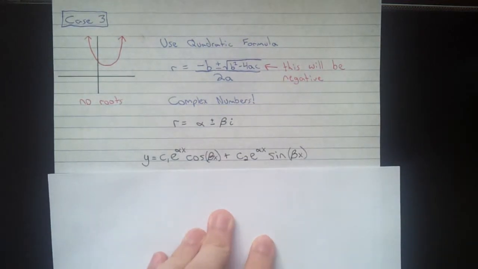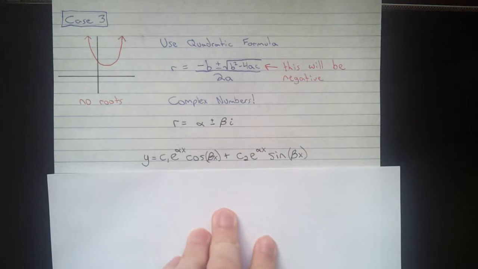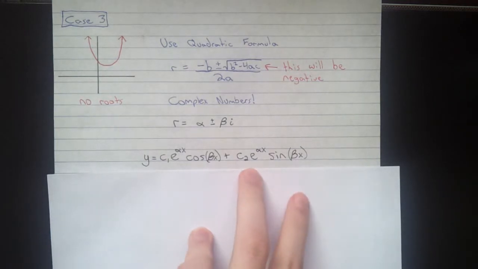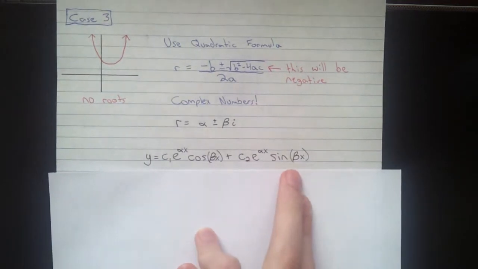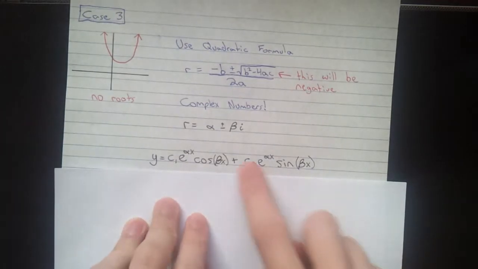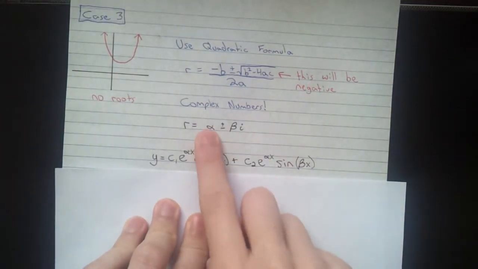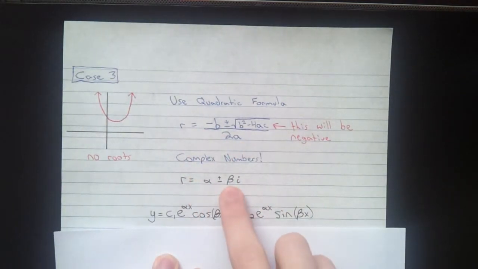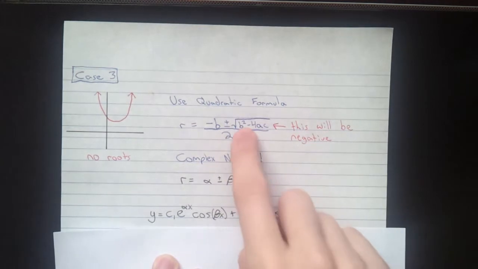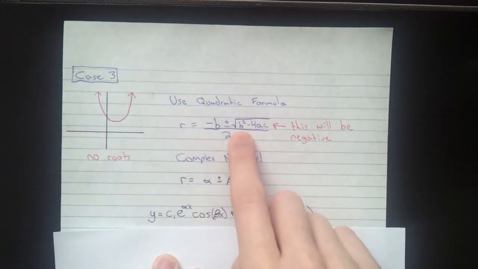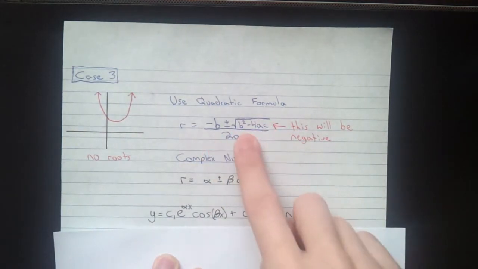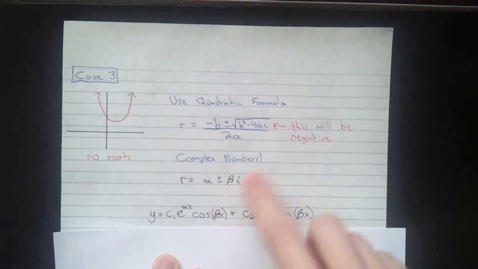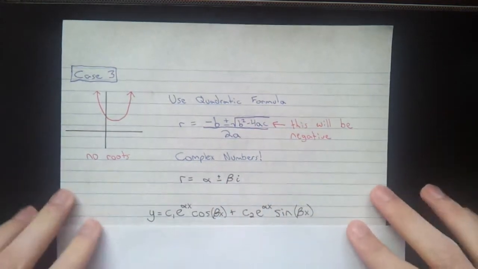It's y equals c1 e to the alpha x cos beta x plus c2 e to the alpha x sine beta x. And those alpha and beta come right from here. So alpha will be, from your quadratic formula, negative b over 2a. And beta will be the square root of b squared minus 4ac over 2a, and of course you'll have to pull the i out of that because this will be negative.